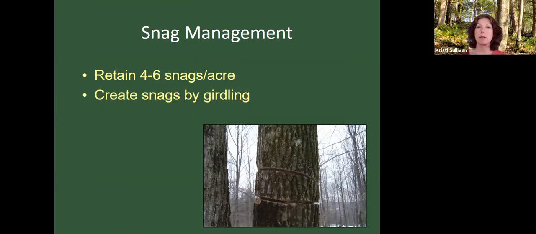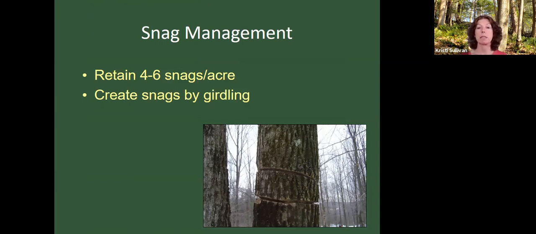If you want to create dead trees, you can look at trees on your land that maybe are crowding out other trees, or if you want to just create some snags, you can find a few trees that you're willing to sacrifice and create them by girdling.